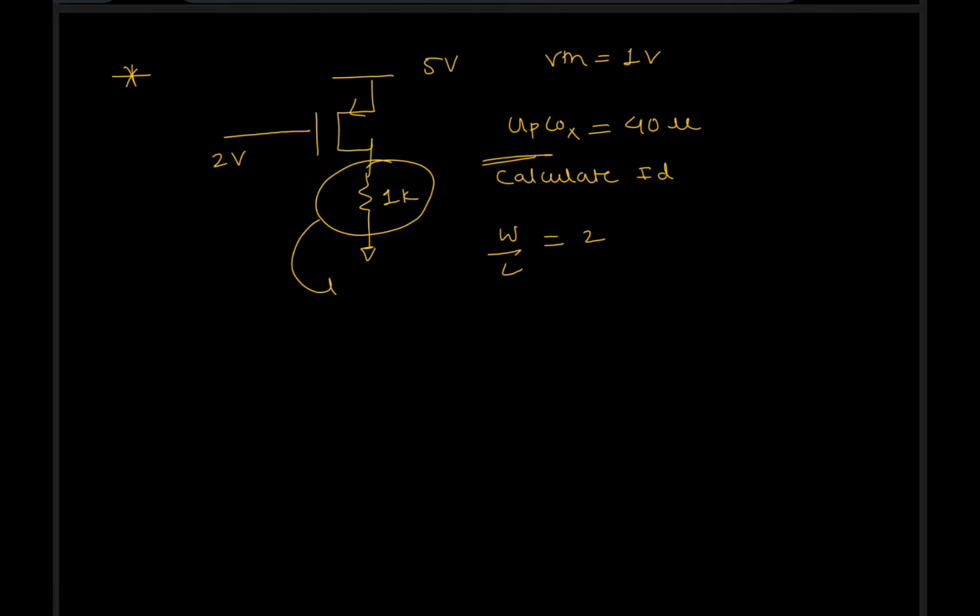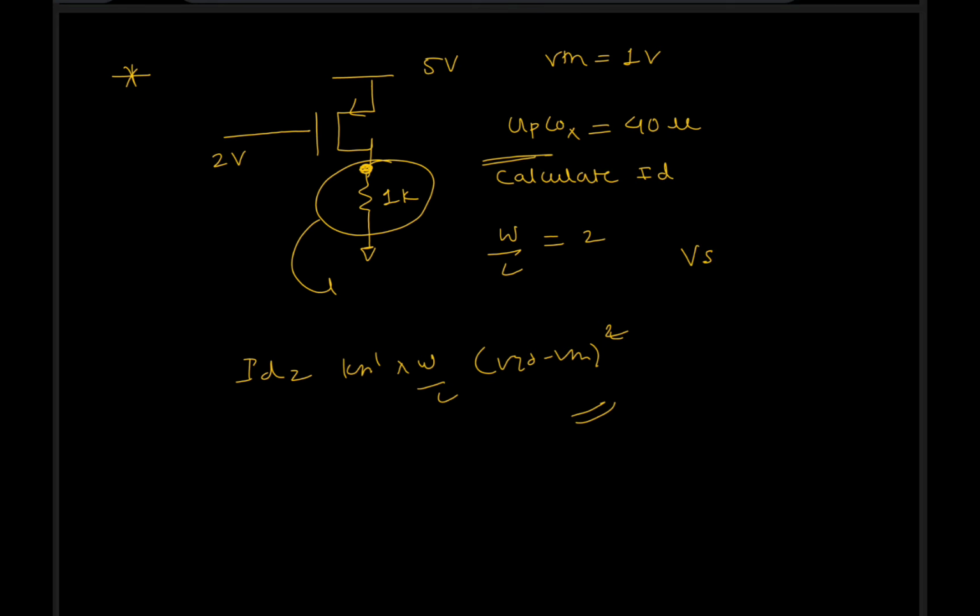First assume that this transistor is in saturation region, and apply the formula of ID. ID is Kn dash W by L (VGS minus VTH) whole square. This you can apply, and by this you check if this is in saturation region or not by the condition.